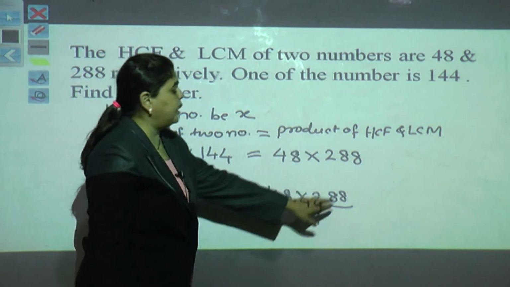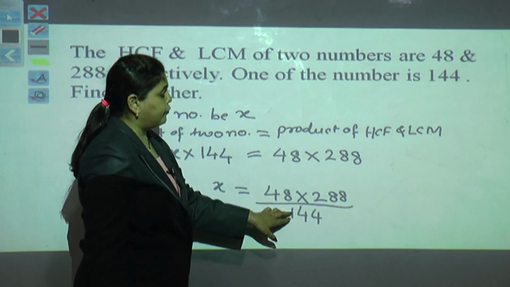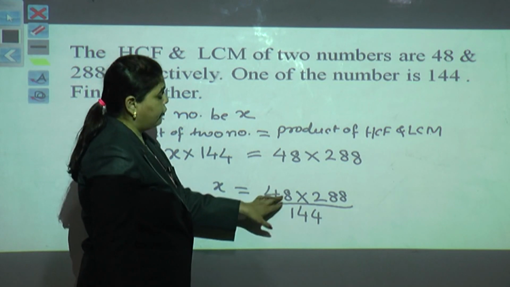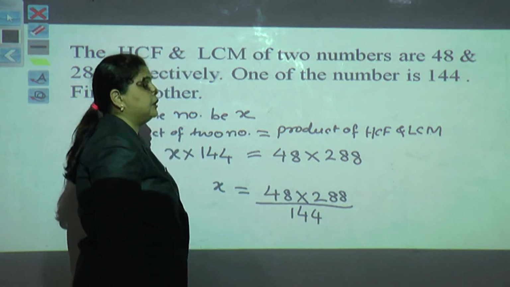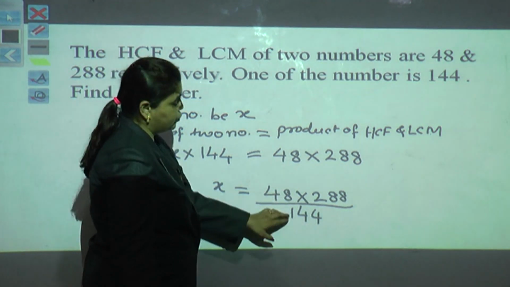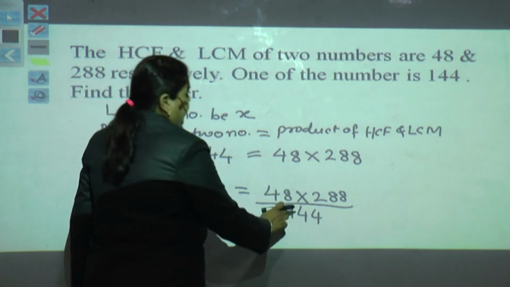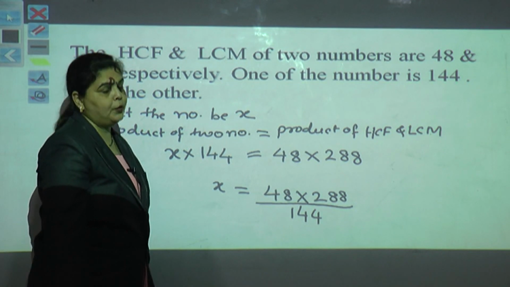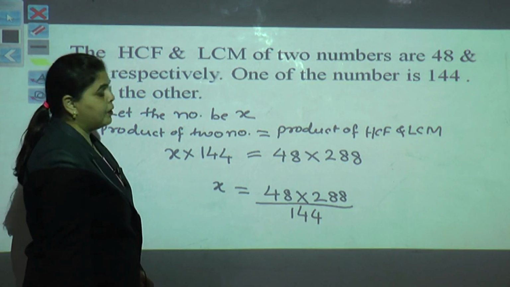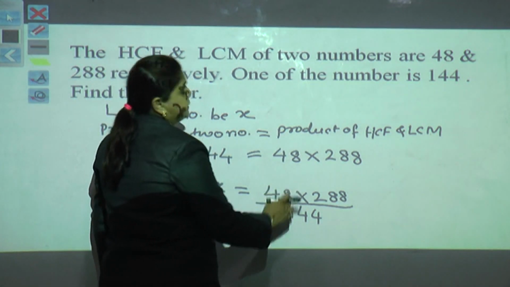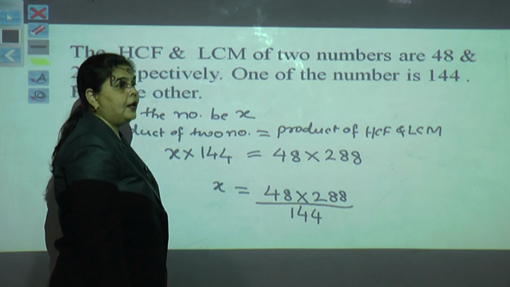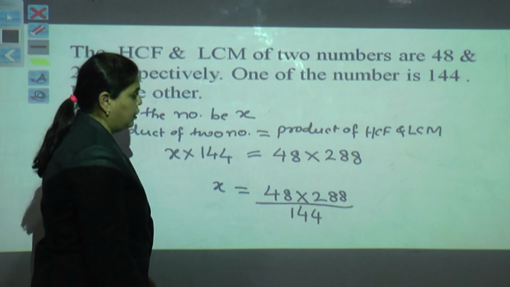Here we have even numbers. If we go with 2 we can divide, but we can also divide with a larger number. Here 144 is the square of 12, you know. So 12 12s are 144, and can I get 48 in the 12 table as a multiple of 12? Yes, 12 4s are 48.